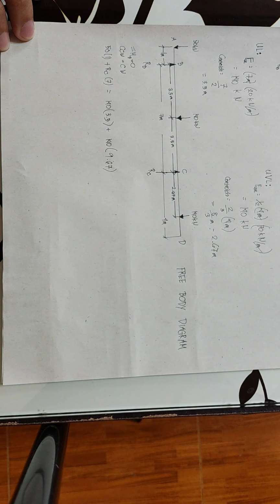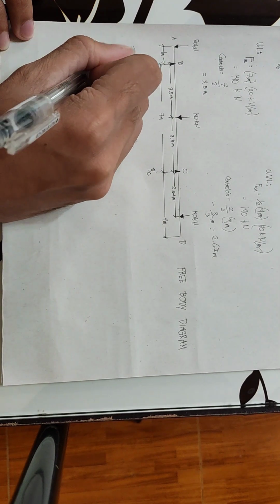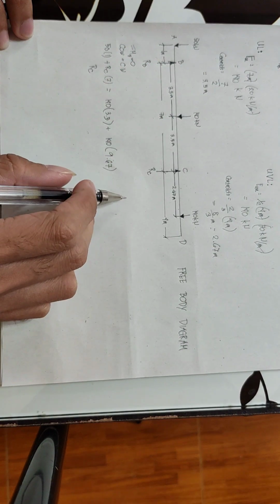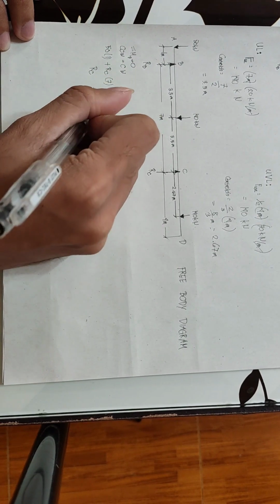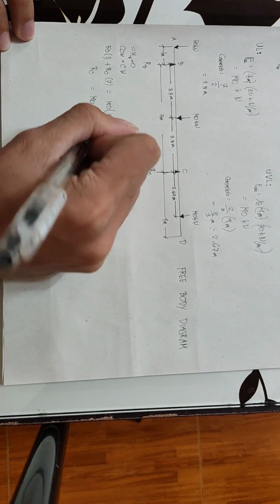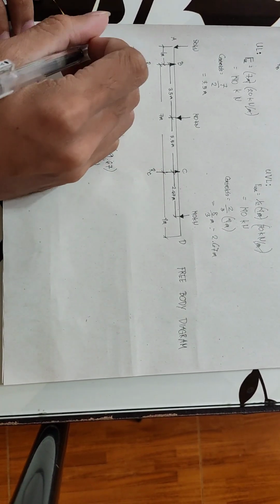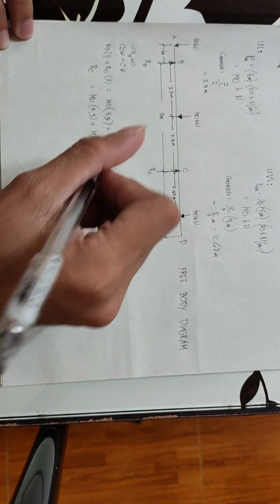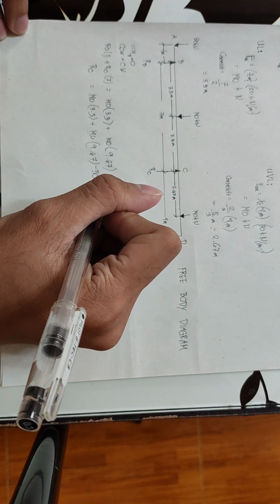So after that, we're going to get this unknown RC. So RC will be now here, we transpose it to the other side, so it's going to be 143.5 plus 149.67. 50 times 1 is 50, then since it's positive, if we transpose it to the other side, it's going to be negative 50.